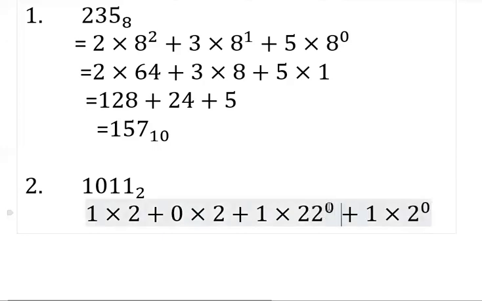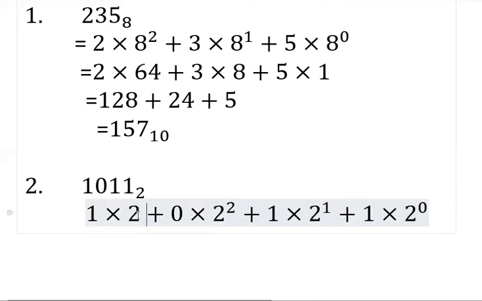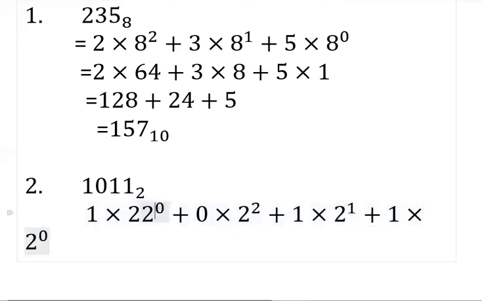This time around the power will be what? 1. We can do away with this. Very good. This time around the power will be what? 2. So we can do away with this. Awesome. This time around the power will be what? 3.